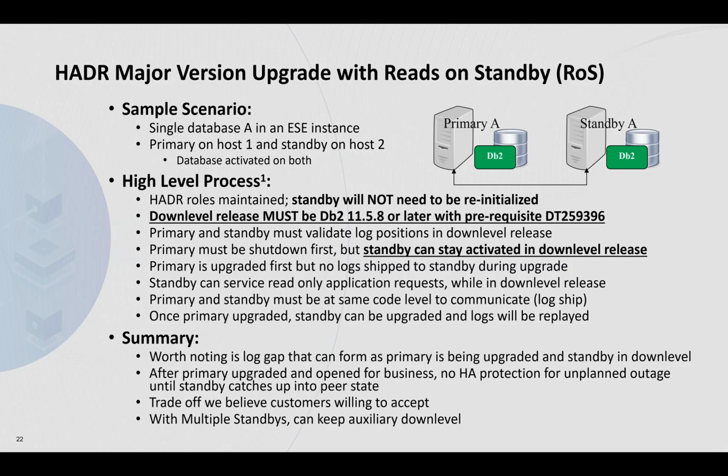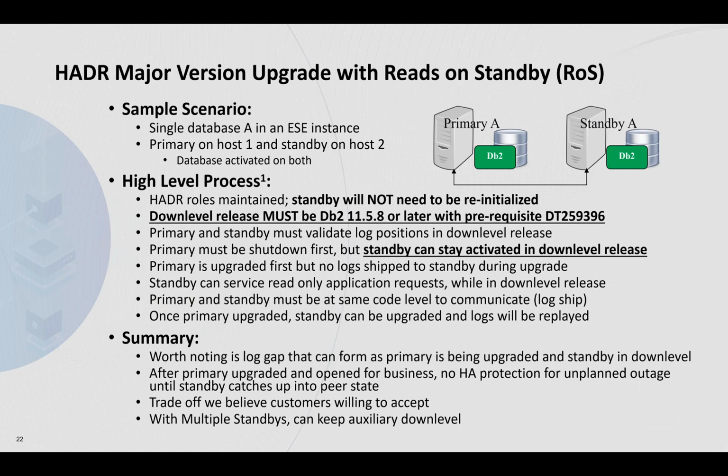In this situation, the customer has reads on standby, and they say, while the upgrade is going on, obviously no write workload can go on because I'm in the upgrade, but I want to still be able to service read applications on the standby. But our problem is once we're in upgrade mode, we don't allow any other connections on the database.